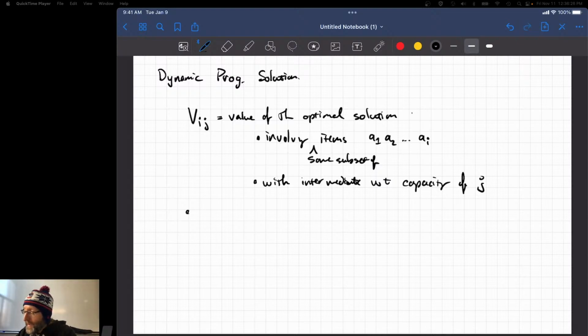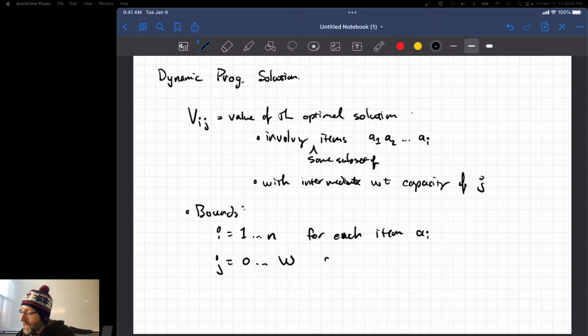So the bounds here, let's identify those next. I is going to be 1 up to n, for each item A sub I. Your bounds on j are going to run from 0 up to w.